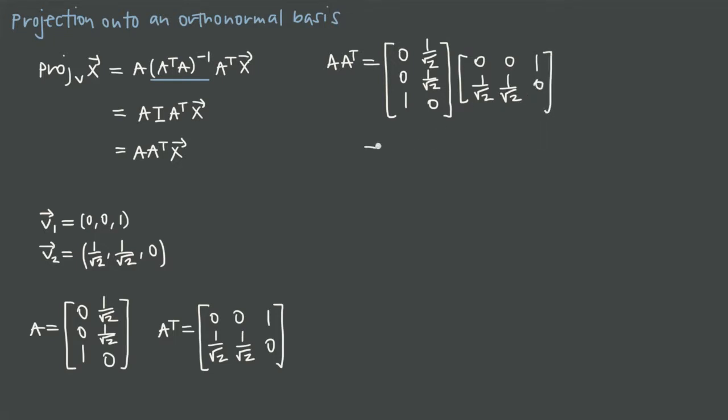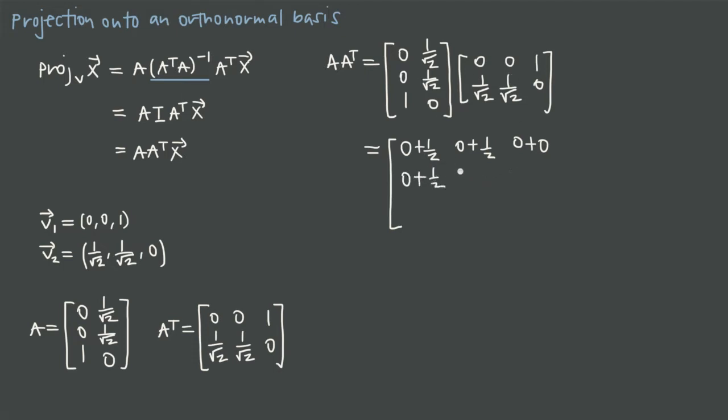So now when we multiply these together, we'll end up with a 3 by 3 matrix. So we'll get here 0, and then 1 over root 2 times 1 over root 2 is 1/2. So we'll end up with 1/2 there. The first row times the second column will be 0 plus 1/2. The first row times the third column will be 0 plus 0. Then the second row times the first column is 0 plus 1/2.